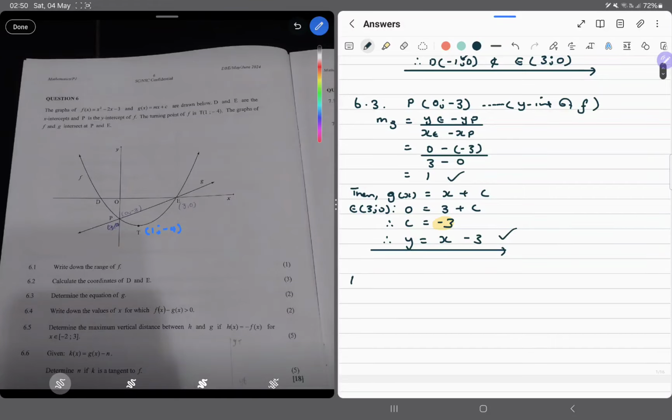So 6.4. It says write down the values of x for which f of x minus g of x is greater than 0. So that needs to be adjusted. We need to write f of x greater than g of x, we transpose g. Now we can see we want a point where the graph of f is above the graph of g. And we can see that is happening here from this point going that side.